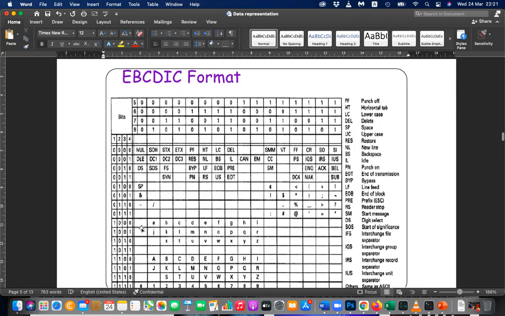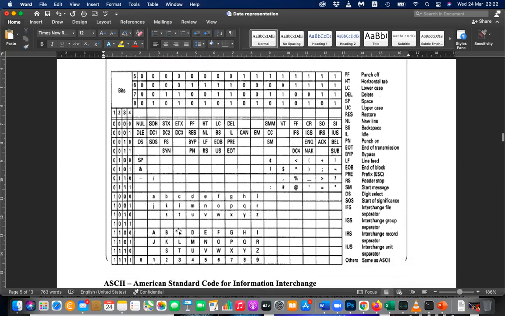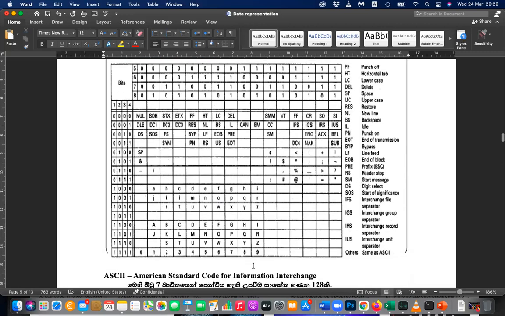So the simple A value is 1000 0001, 10000001. On the other hand, you can say 81 in hexadecimal. Then 82 is B, 83 is C. Likewise, EBCDIC values are changing. And these are the characters represented by the EBCDIC number system.